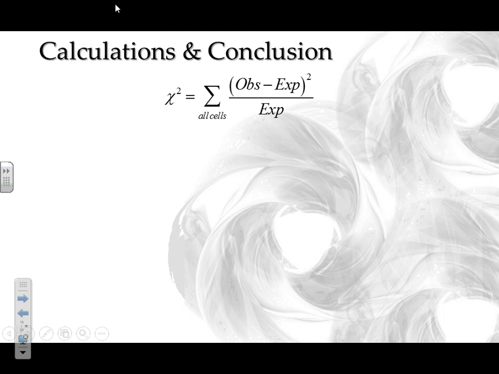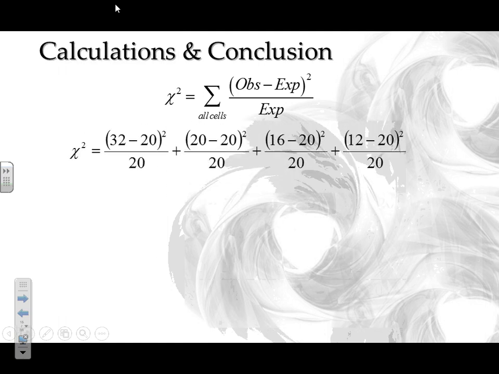So, when we want to run our test, we calculate our chi-square statistic. In order to do that, we follow the formula here. Now, we just said all of the expected counts are 20. So when we subtract here, we're going to be subtracting from 20 and then dividing by 20 because that's the expected count for each quarter. The only thing we have to fill in is the different observed values.